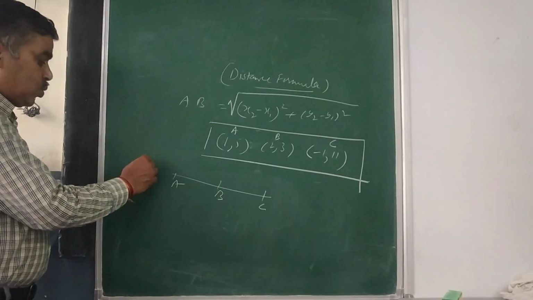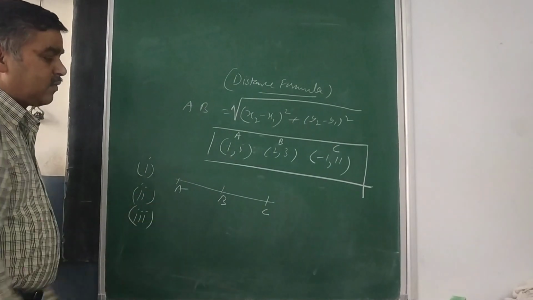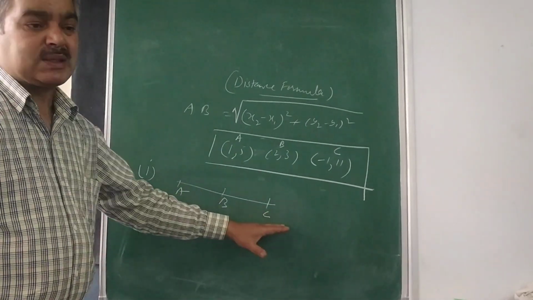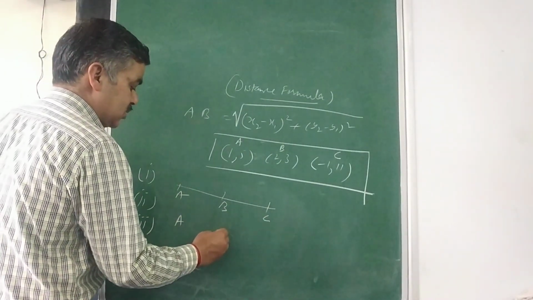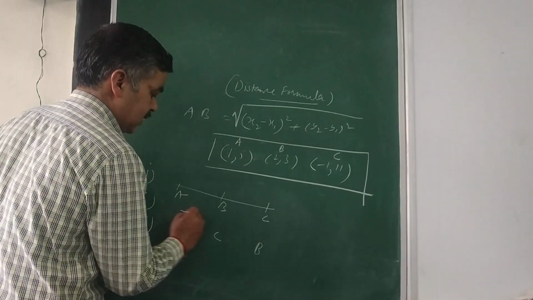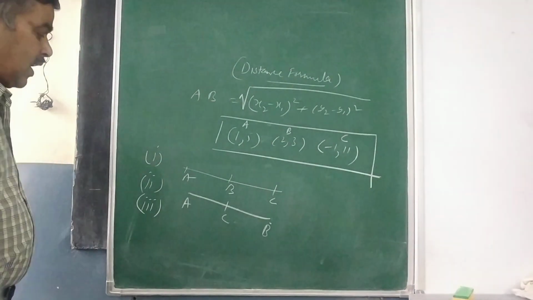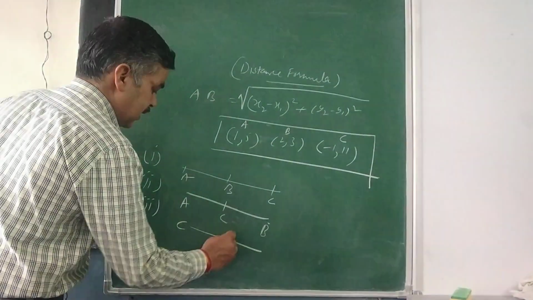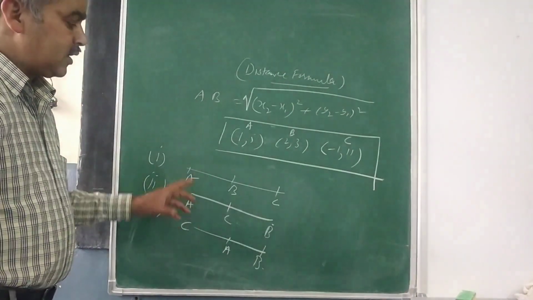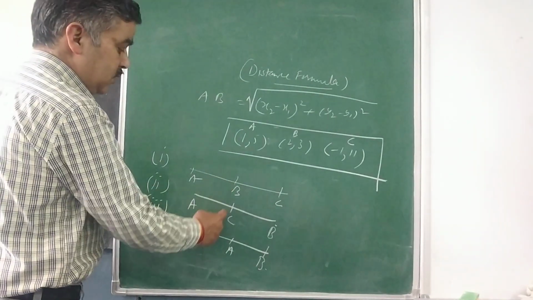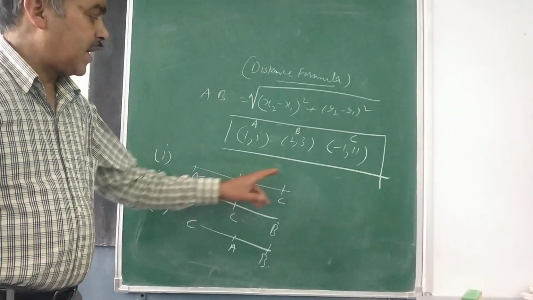Now you have to try 3 ways to answer this question. What is that? Why is that there in distance formula? Now I am explaining to you. One possibility is this. Another possibility can be like this also: A, C and B. This is also a possibility that these points are collinear. And then C is here, A is here, and B is here. So these are the three possibilities I need to check. And out of three, if any one is satisfied, then you can say the points are collinear.